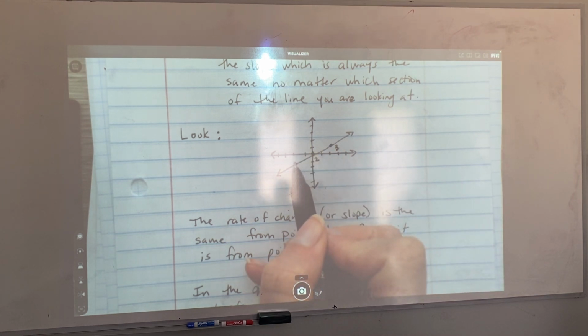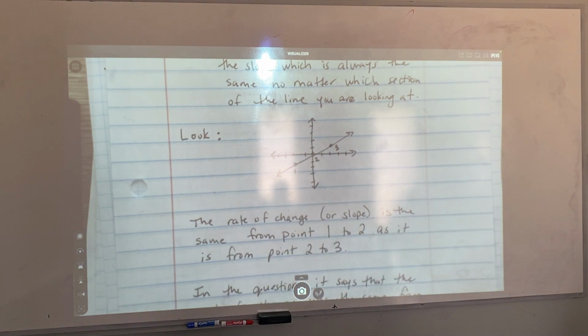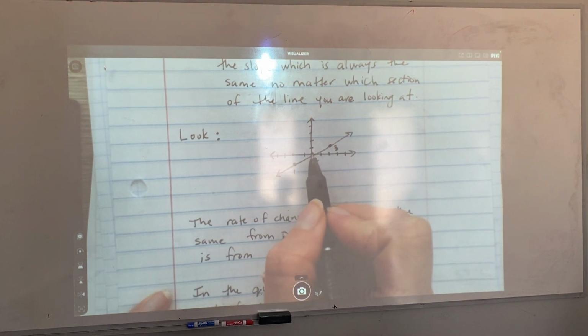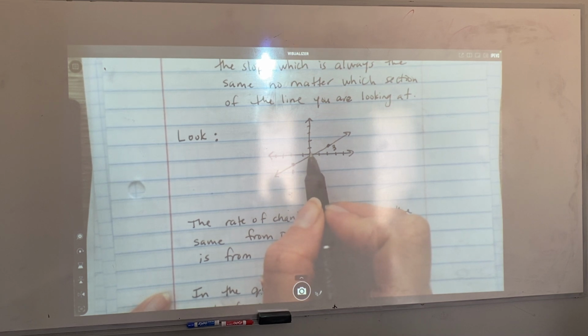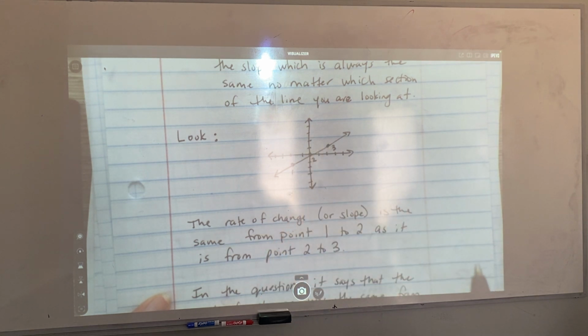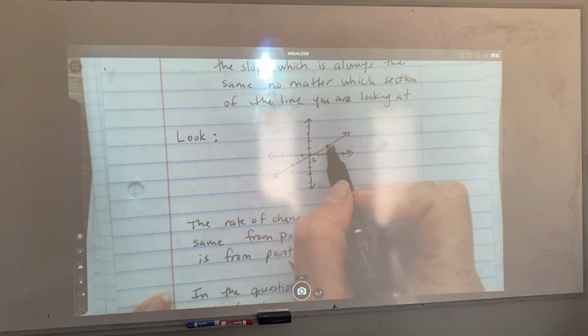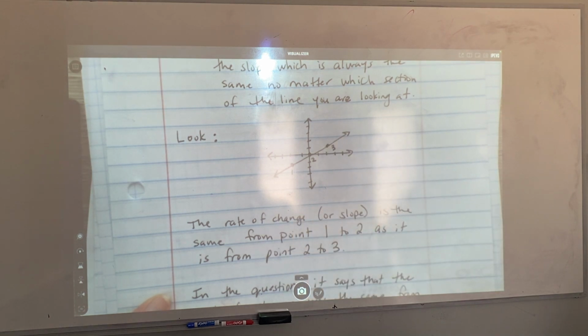If you get one student for every 2 years, I know that sounds really weird, but that's the first time period. And if it's the same in the next time period, it would be one student for 2 years, and that would cause a straight line.